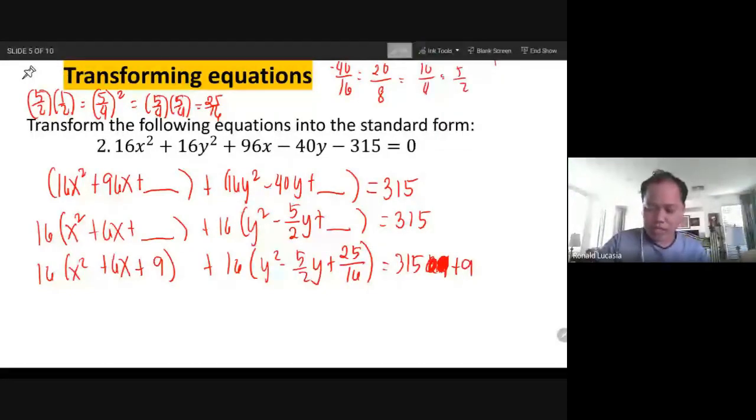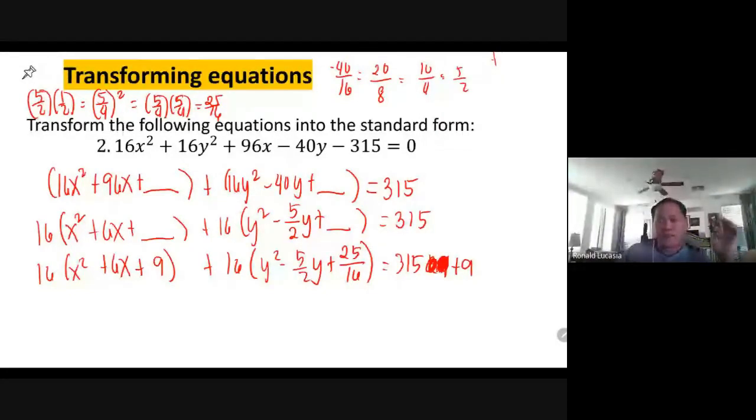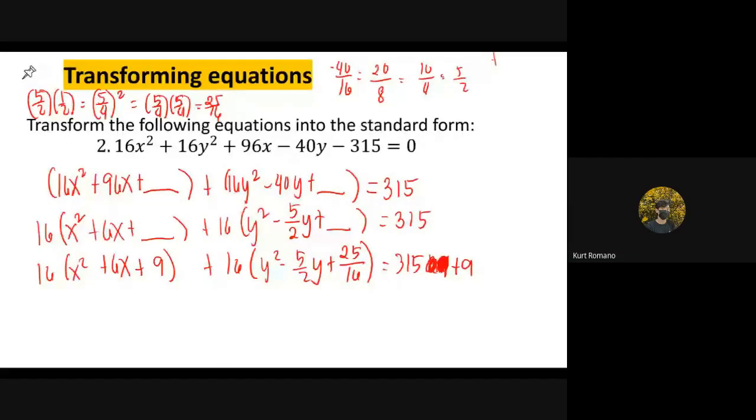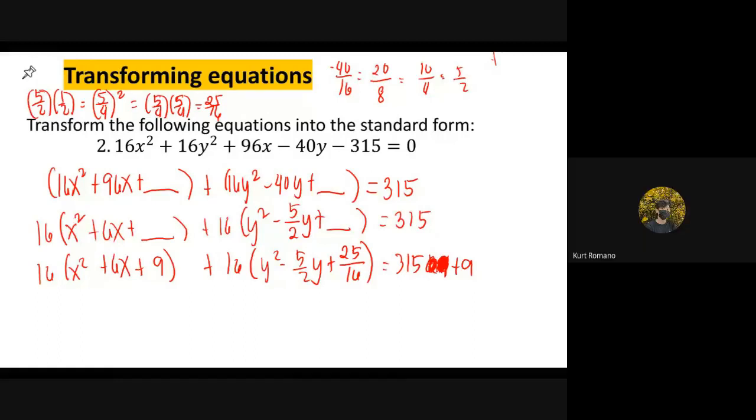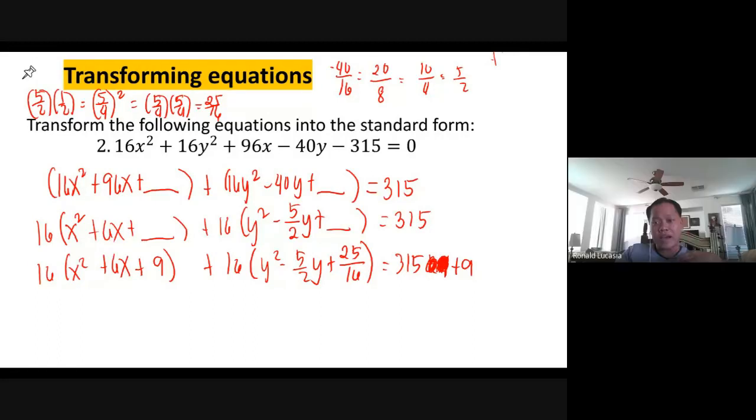Let's go back to my question. What did I really add on the left side? Sir, shouldn't it be 100 over 16? 100 over 16. Where should I put the 100 over 16? X part or Y part? In the y part. What I should add is 100 over 16.